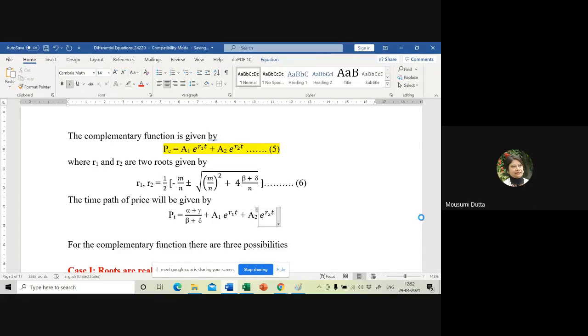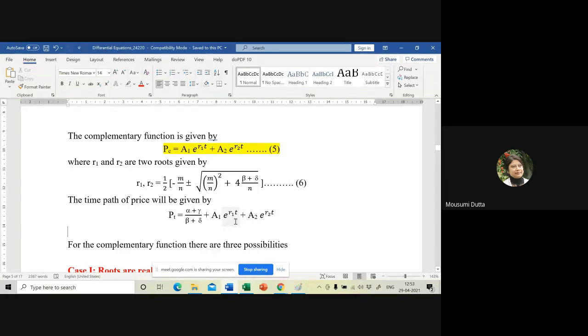Now, if this is the structure of the time path, the stability of the entire time path will depend on the values and the nature of R1 and R2. Are you getting that point? This is a constant. A1 and A2 are also constants.